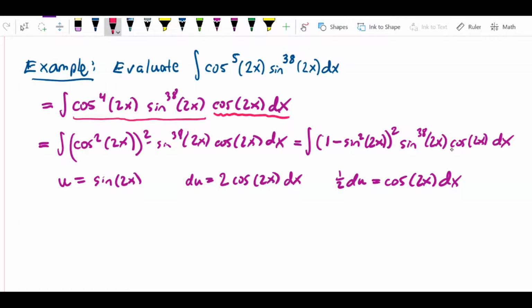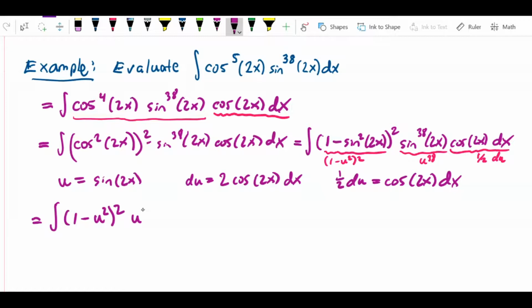So now I'm completely ready to do the substitution. We have here that this is 1 half du, this is u to the 38th, and this is now 1 minus u squared, squared. So I can rewrite this in terms of u: 1 minus u squared squared, u to the 38th, times 1 half du.